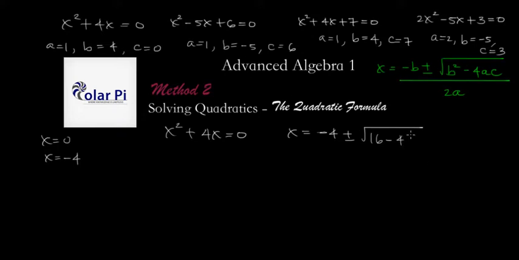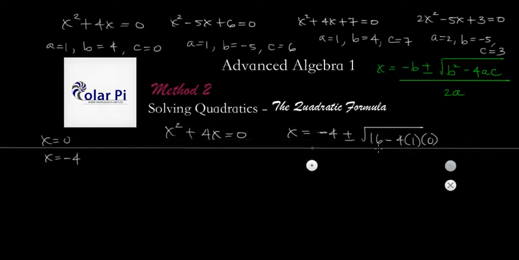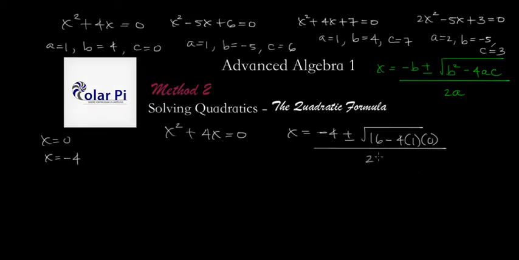So 4 times a is 1 and c is 0 in this particular problem. And then all of that divided by 2a, so 2 times 1.